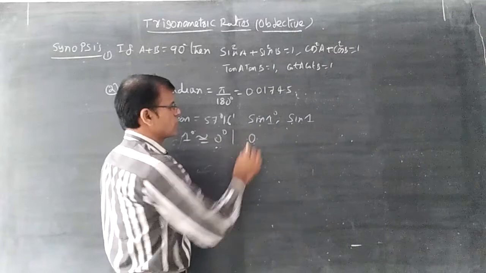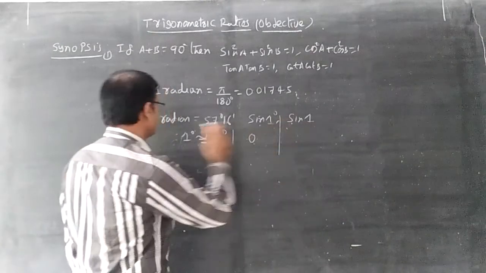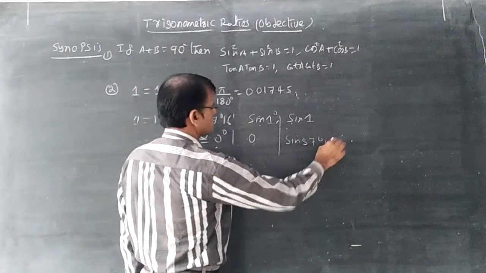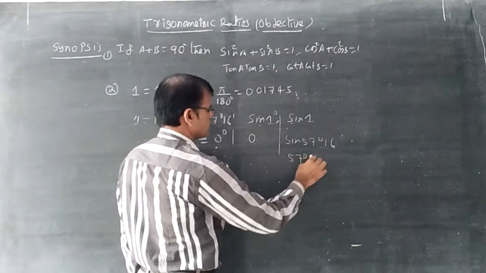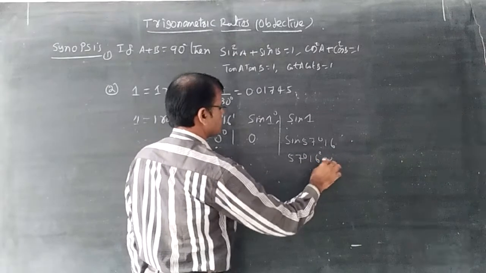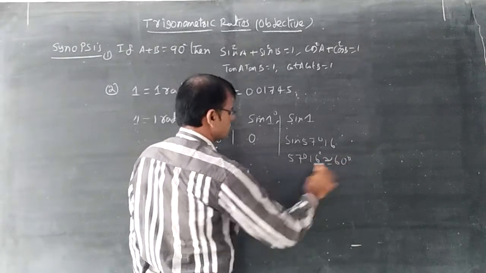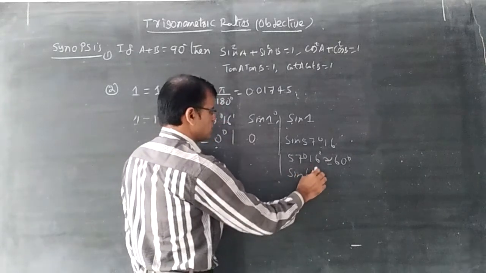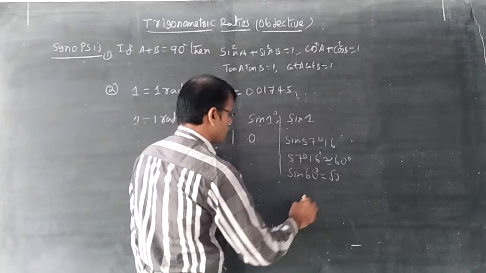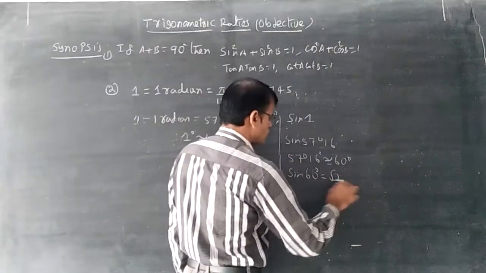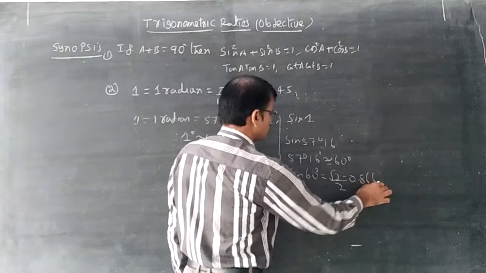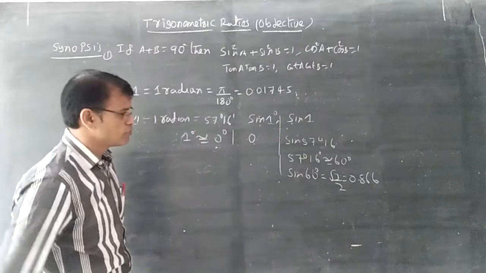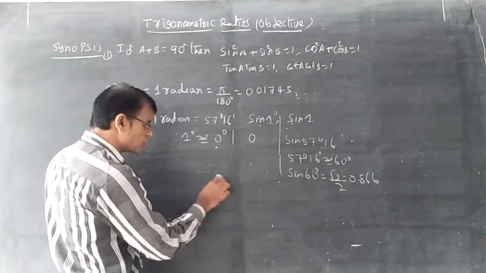Here sine 1 means sine 57 degrees 16 minutes, which we can approximately write as 60 degrees. This is the unknown value, and this is a known value for trigonometric relation. Sine 60 is root 3 by 2, which is 0.866, because root 3 is 1.732, and 1.732 by 2 becomes 0.866. So 0 is less than 0.866.